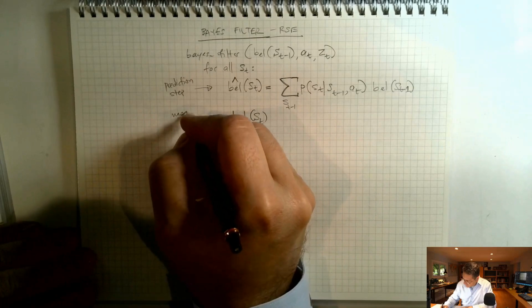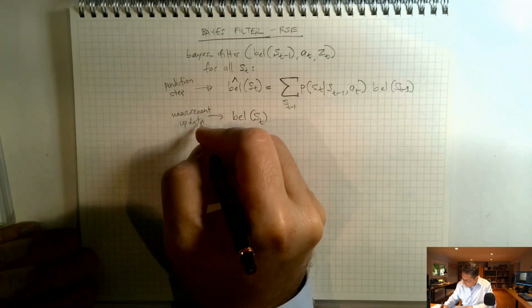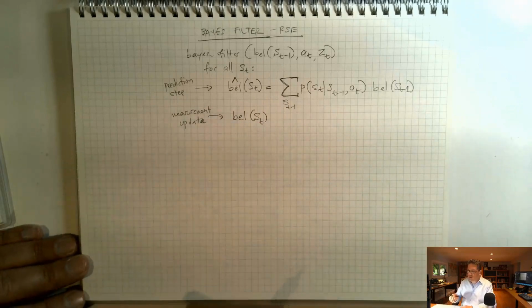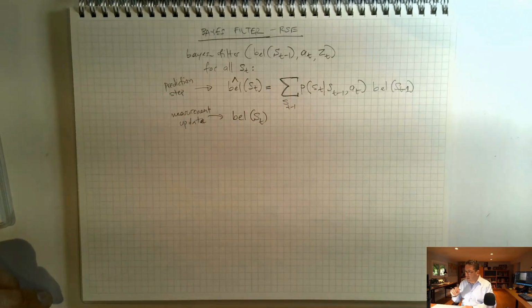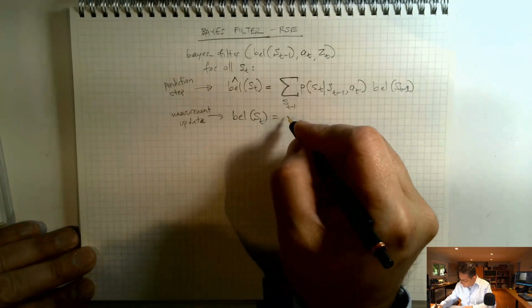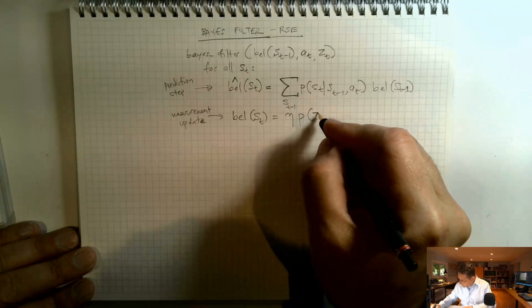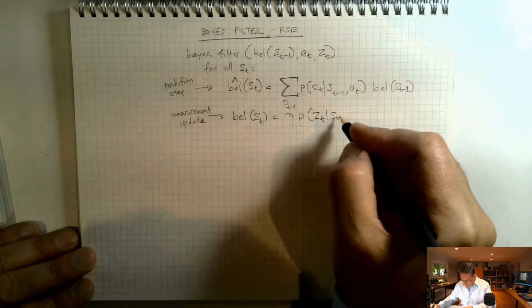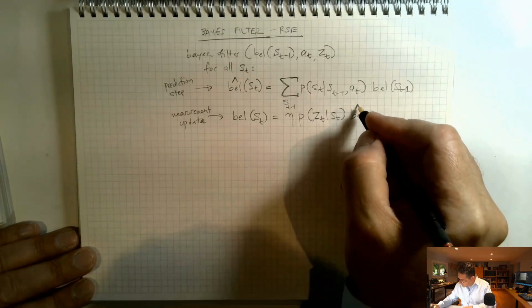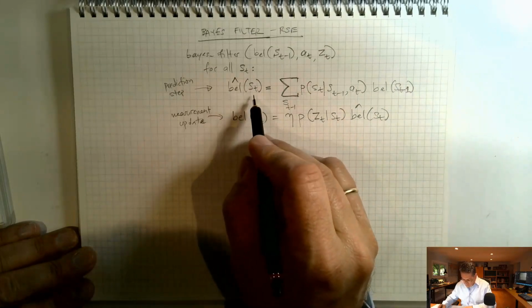And this is the measurement update step. The prediction step is kind of blind. We are not considering any measurement, we are just taking the action. And then the second step involves the measurement update. So it's a normalizing constant times p of z_t given s_t times the belief hat of s_t, which we calculated over here.